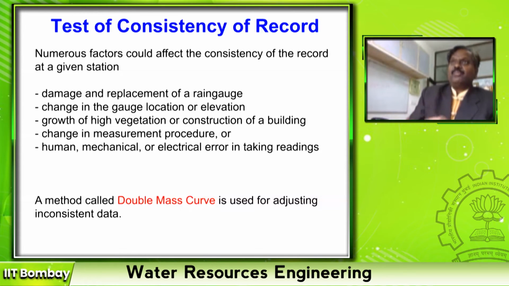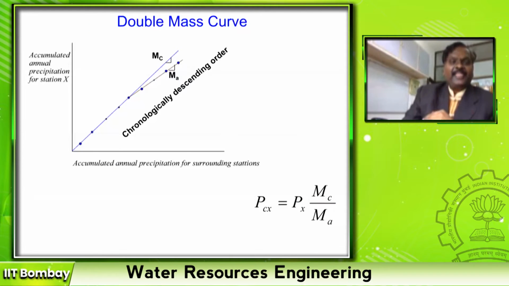Since you want to compare 2 masses, you can call this the double mass method. Initially it was only a graphical method, and people used the double mass curve to measure and adjust the inconsistency in the data, right?